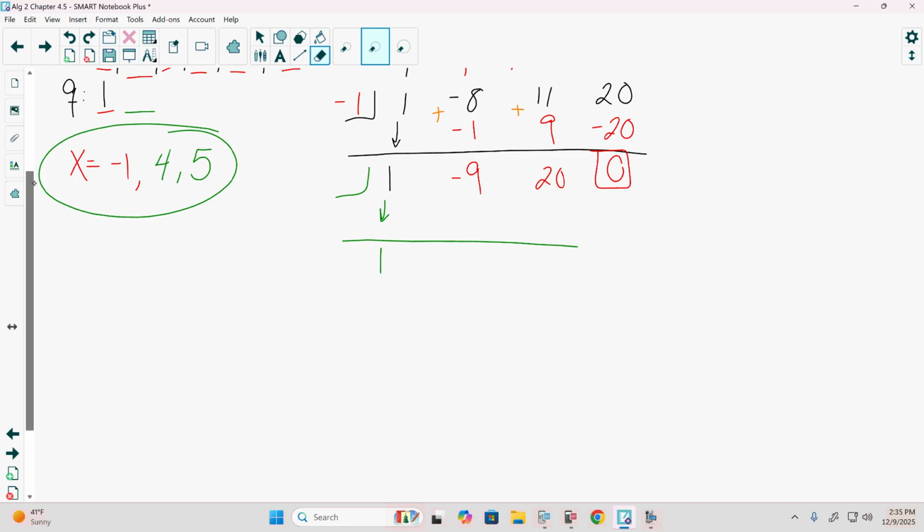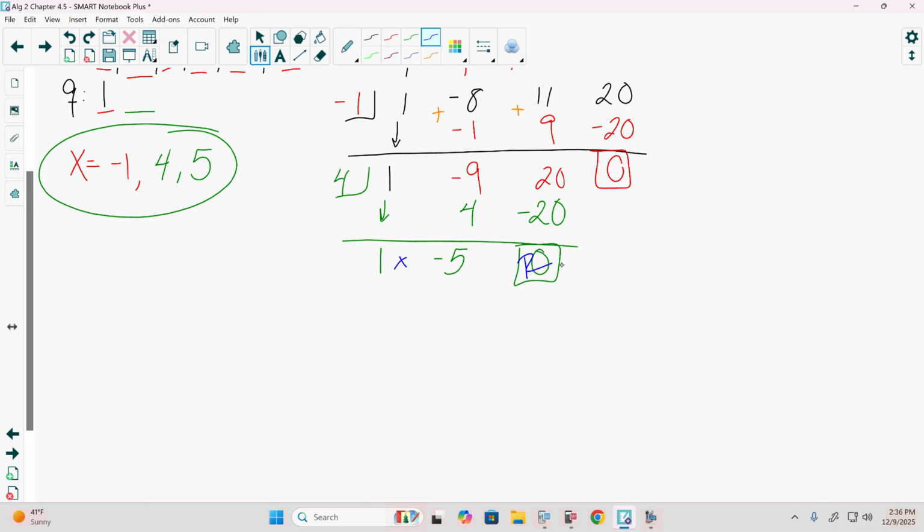Now, if I wanted to, I could try 4 with synthetic division. 4 times 1 is 4. Negative 9 plus 4 is negative 5. 4 times negative 5 is negative 20, and 20 plus negative 20 is 0. If I plug the variables back in, our 0 is our remainder.